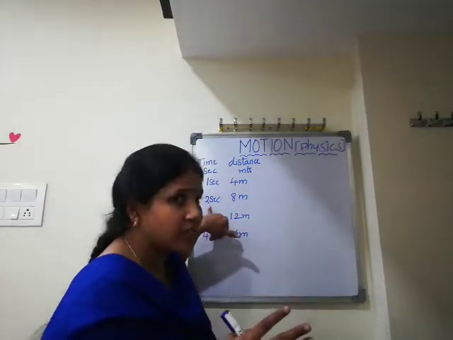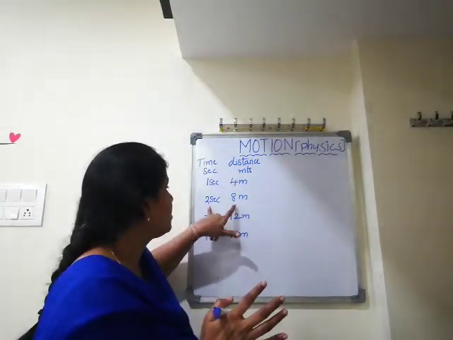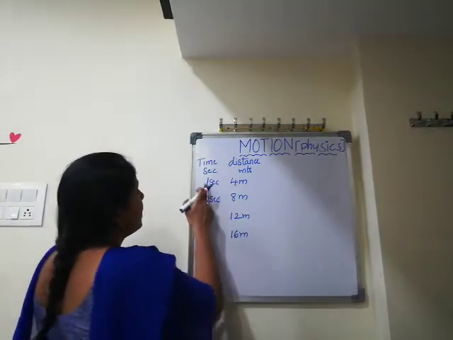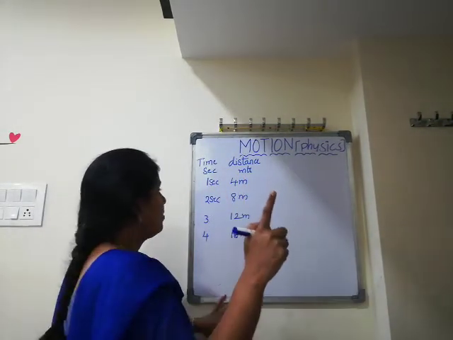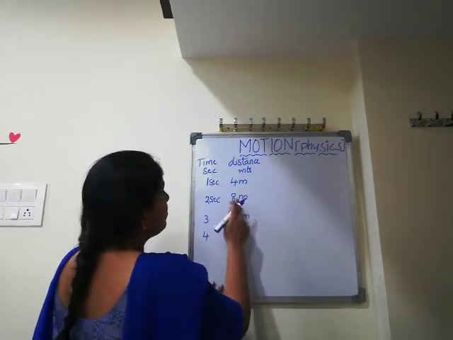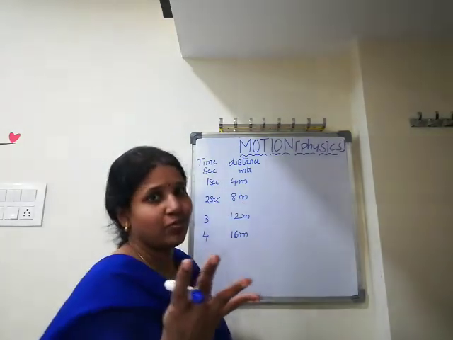At 2 seconds, the total distance travelled is how much? 8 meters. 2 minus 1 is 1 second, so in 1 second again the distance travelled is how much? 8 minus 4 is 4 meters only.